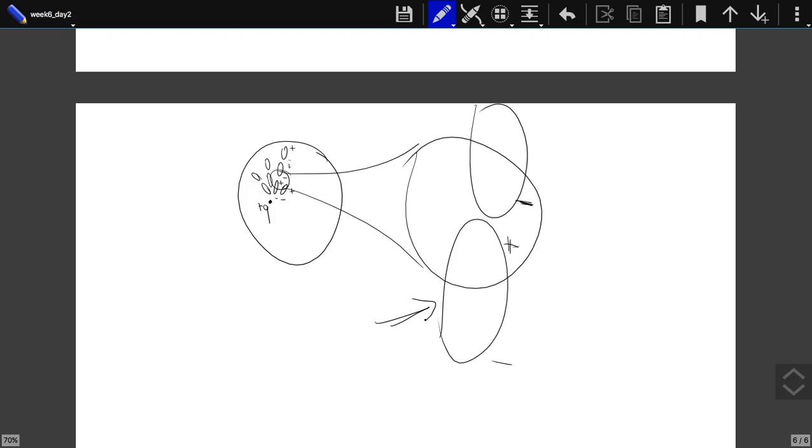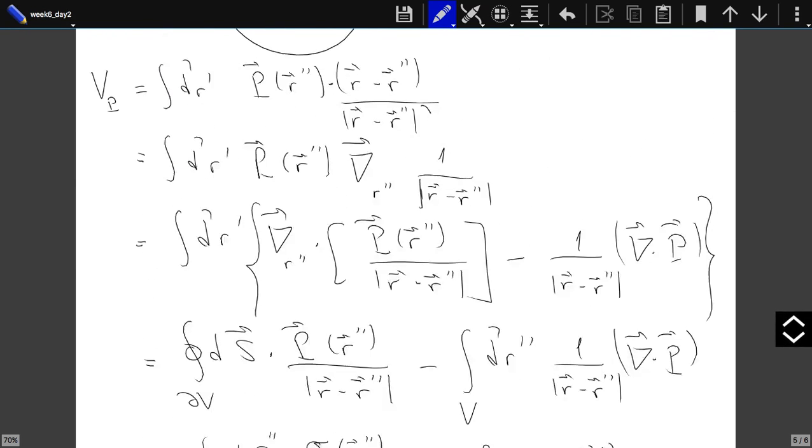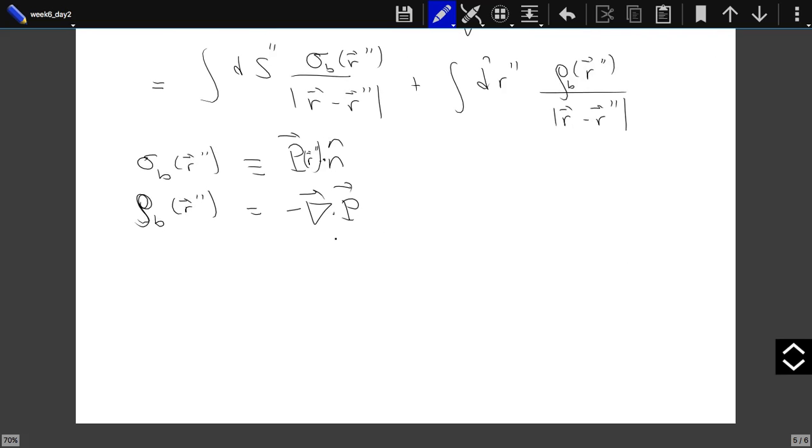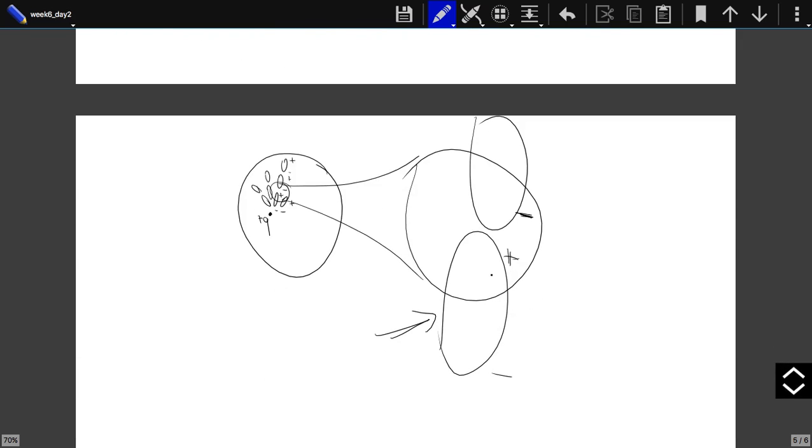It is decreasing. So the charge will be positive. Well, if P is decreasing, the divergence will be negative, and minus that one is positive. So effectively, we have a positive charge density over there due to this polarization of the atoms.